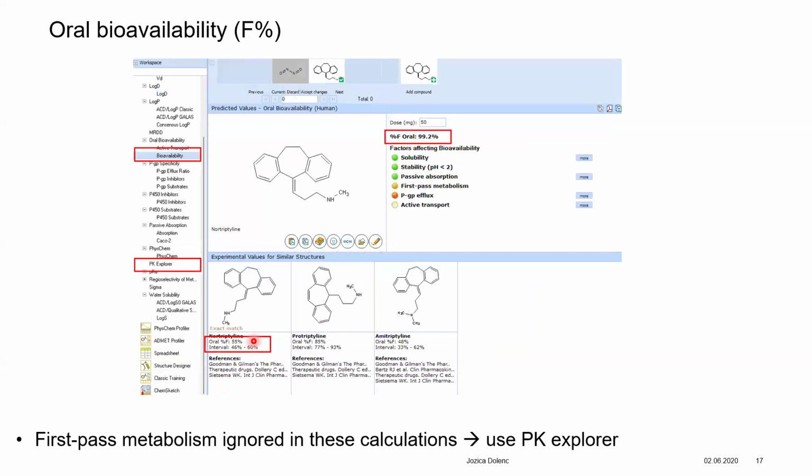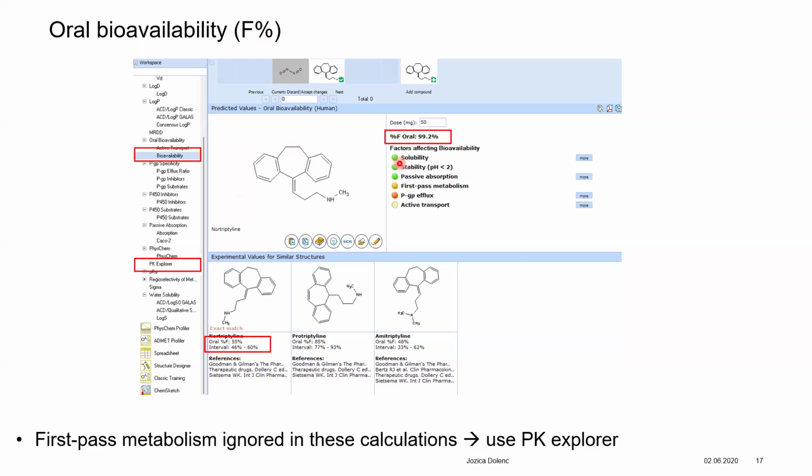Okay, but before it reaches the brain, it needs to enter the systemic circulation, and this is given by the oral bioavailability. It's a parameter which calculates what is the fraction which comes into the circulation after having been absorbed and metabolized by the liver.